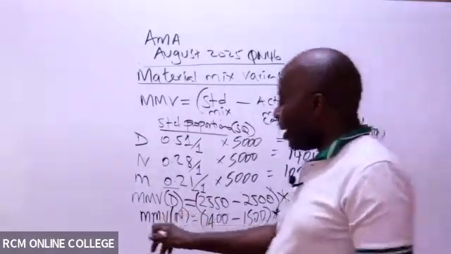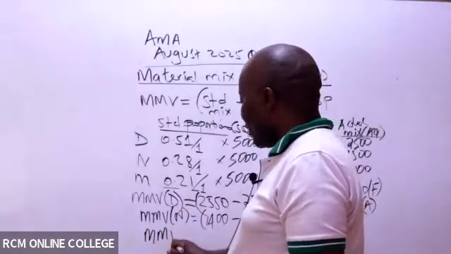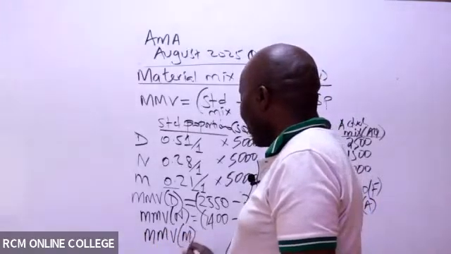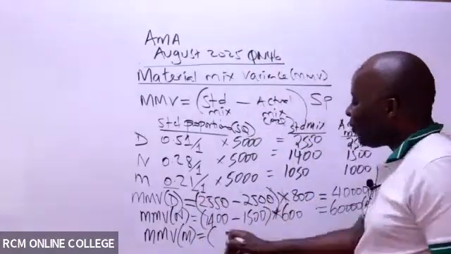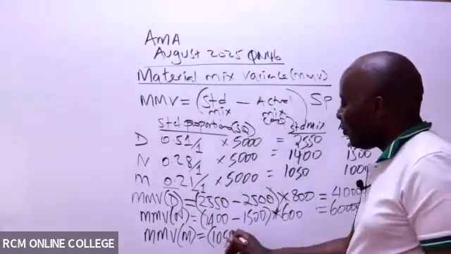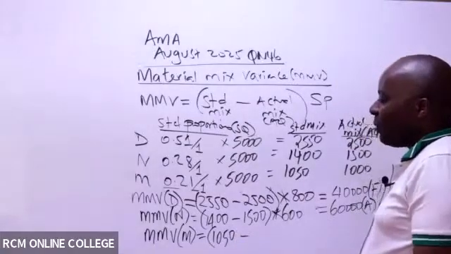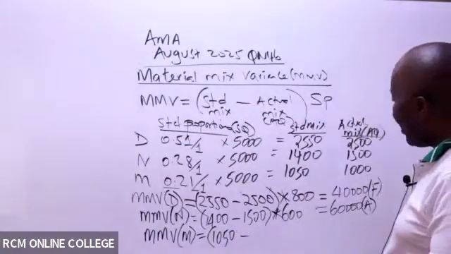And then we have the material mix variance for M. The standard mix for M is 1,050, minus, ladies and gentlemen, the actual mix of M, which is 1,000.